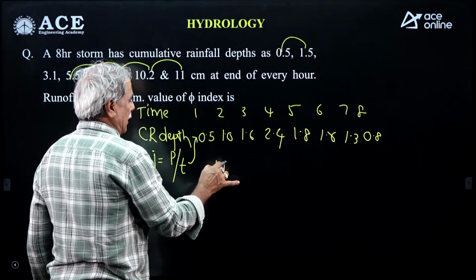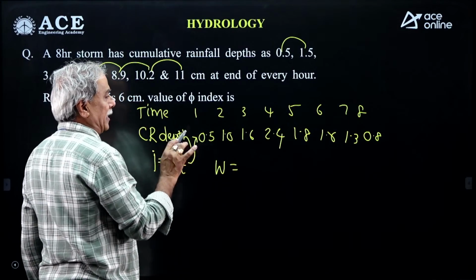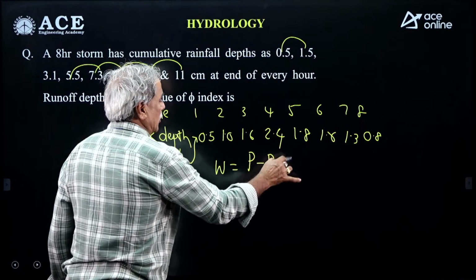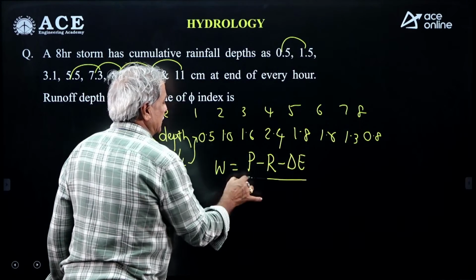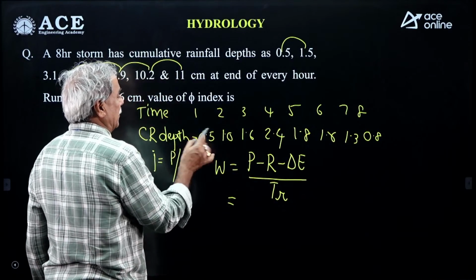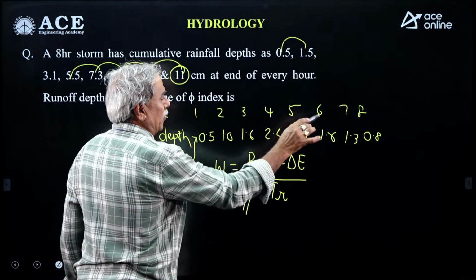What is the formula for W index? We know pretty well, without calculation of W index, we cannot get phi index. Total rainfall minus total runoff minus initial losses, divided by total time of rainfall. Total precipitation is obviously 11. I need not add up all these things.